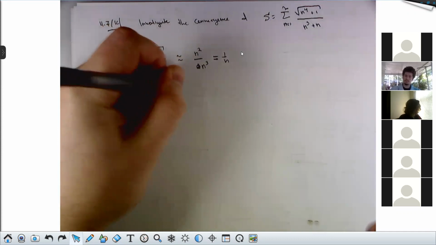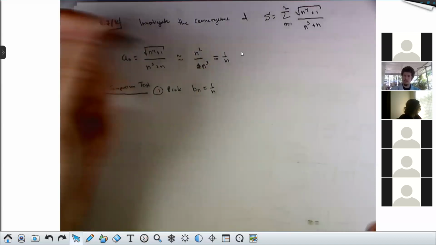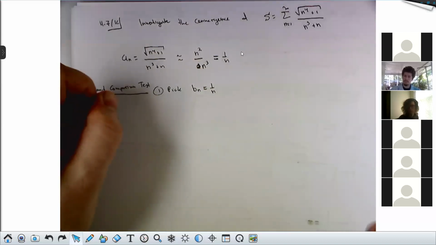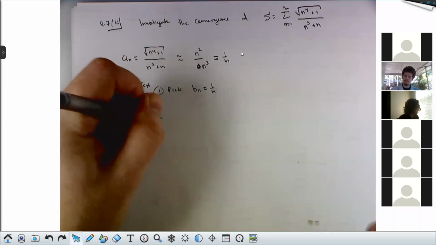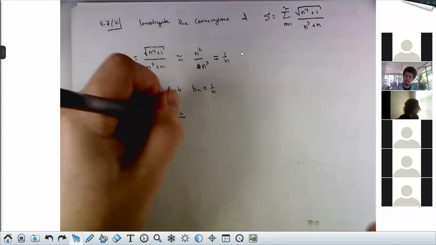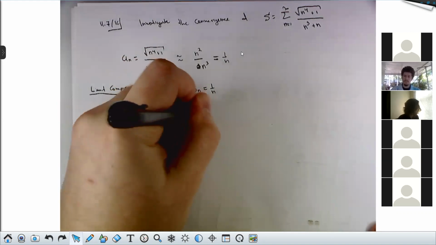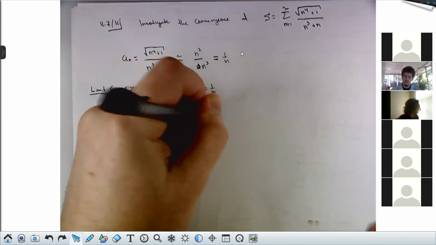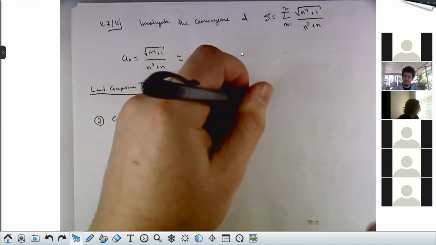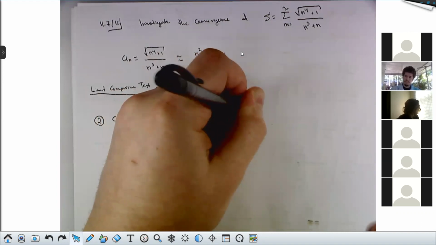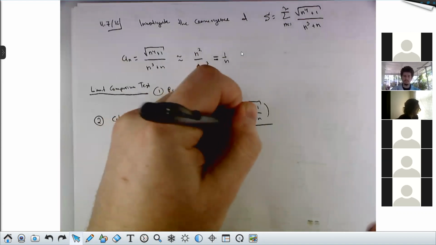I pick, all right, so we numbered these, right? I pick b_n to be 1 over n. Then I calculate the limit as n goes to infinity of a_n over b_n, which is the limit as n goes to infinity of the square root of n to the 4 plus 1 over n cubed plus n divided by 1 over n.